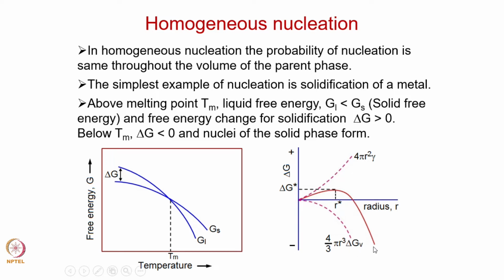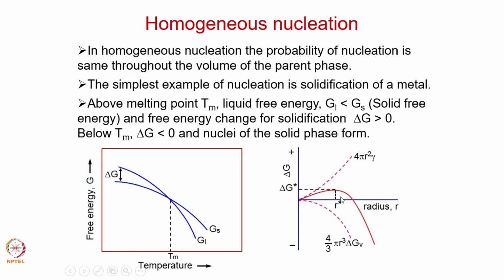So if you consider this tiny particle of the solid as a spherical particle, then the surface area would be 4 pi r square, and if gamma be the specific surface energy, that is, surface energy per unit area, then the surface contribution to the free energy change is this 4 pi r square gamma, and the volume free energy contribution is this, where 4 by 3 pi r cube is the volume of that spherical particle, right?